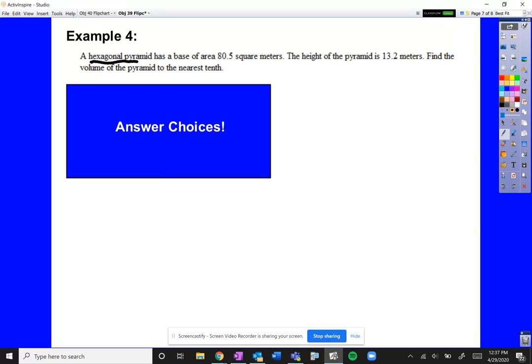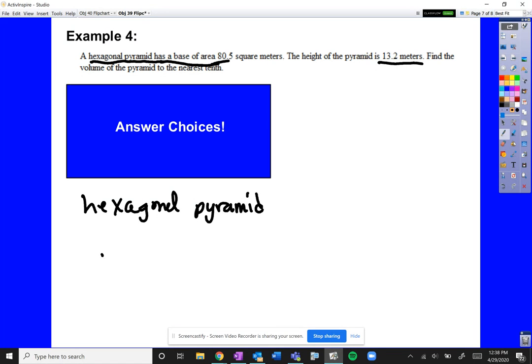All right, a hexagonal pyramid has a base area of 80.5. The height is 13.2. So, now that we have a hexagon here, we know that our only option for a hexagonal pyramid is to use our polygon base formula.